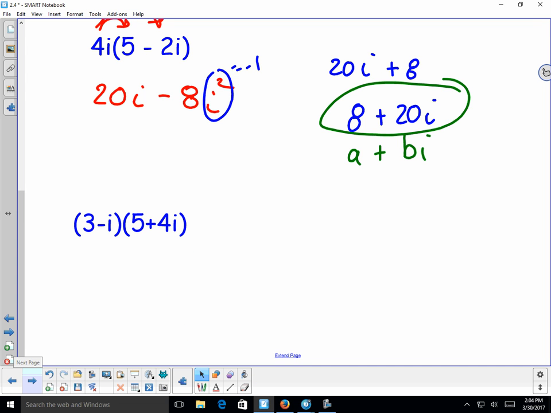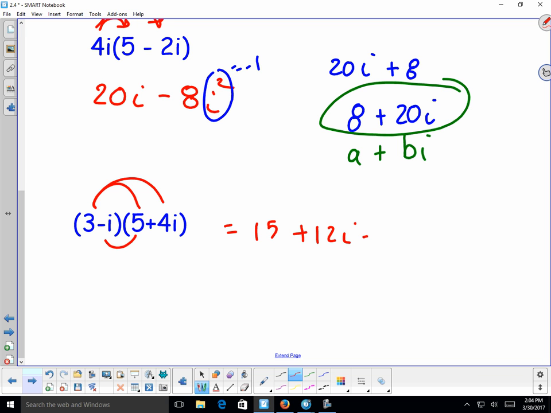Okay, we're now multiplying two complex numbers together that are both in the a plus bi form. Can you help me out with this, Gabe? We could just do FOIL, right? Please do. So that would be 15, and then it would be 12i on the outside, and on the inside it would be negative 5i, and then on the last it would be negative 4i squared.